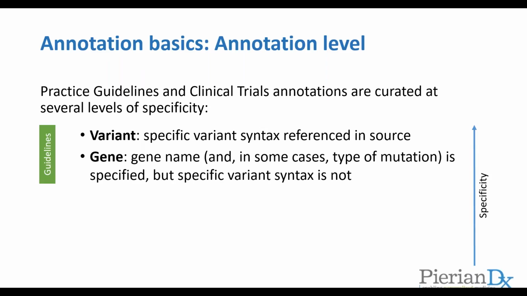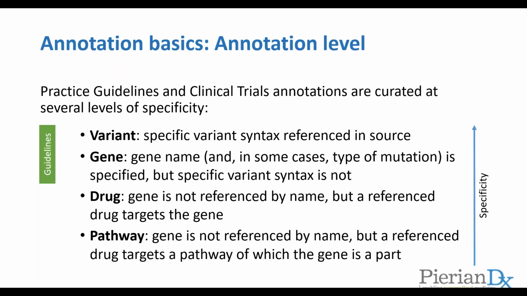And in some cases, there will also be some more general information about the type of mutation. So for instance, a FLT3 internal tandem duplication, which can be a lot of different size insertions. So it doesn't have a specific syntax, but it is relatively specific in terms of how to annotate. KIT mutations in exons 9, 11, 13, whatever those are, or a sensitizing mutation in EGFR.